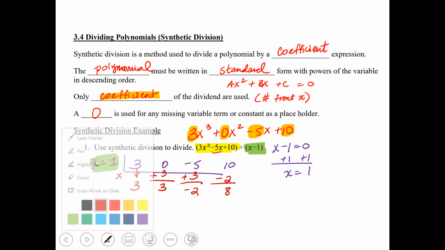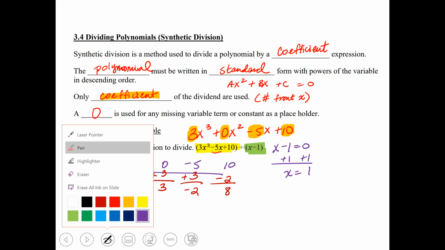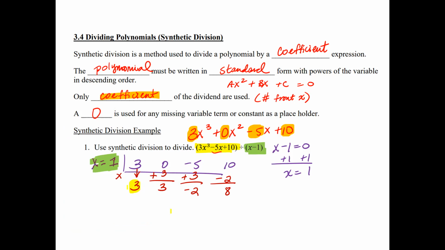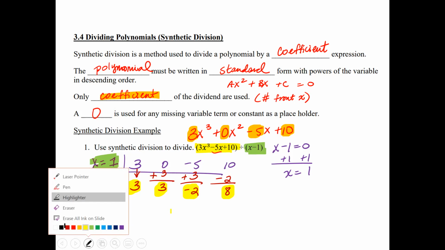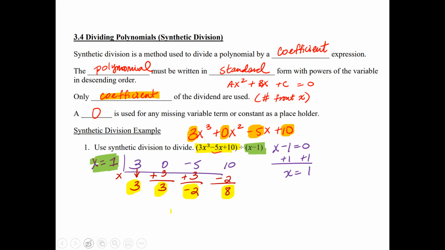And I know you're like, well, what the heck is my answer then? This is your answer: this 3, this 3, this -2, and this 8. And I know you're like, well, what do I do with it? Well, you're going to write down what the x is. But remember, your x is always going to be 1 less than the highest power.